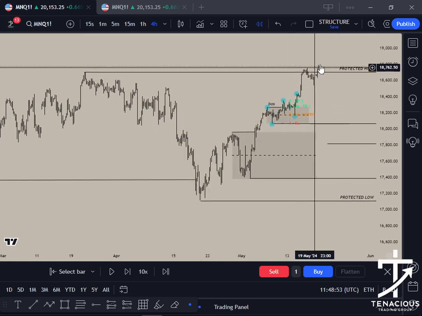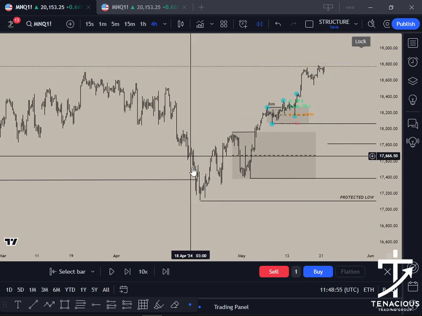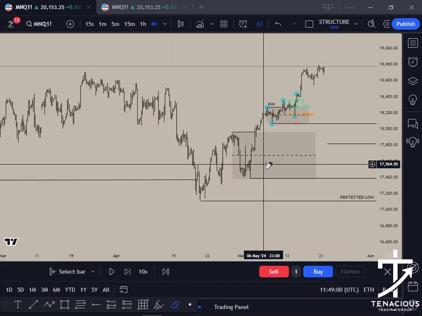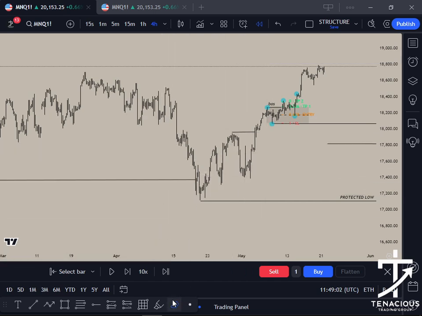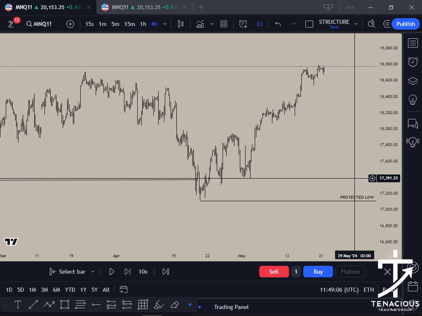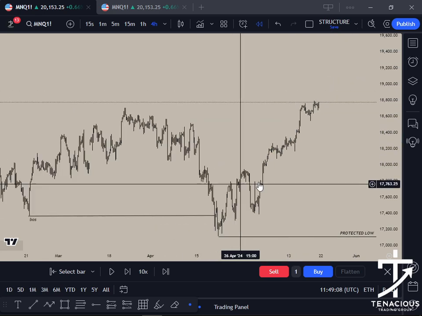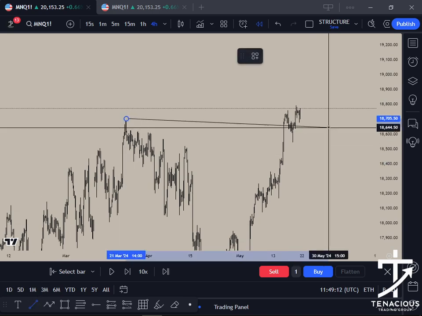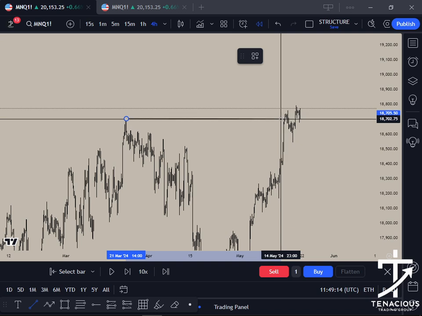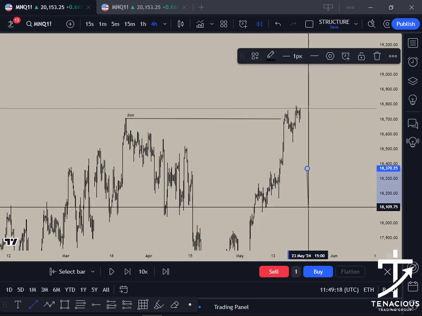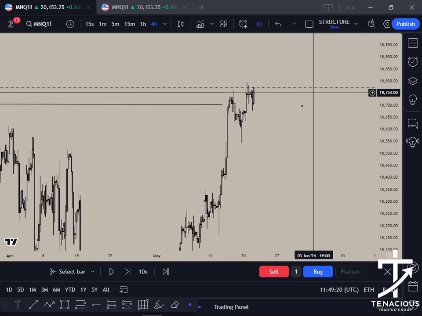Can you see? This is now our protected low because we broke structure to the upside, guys, and that's all it is.